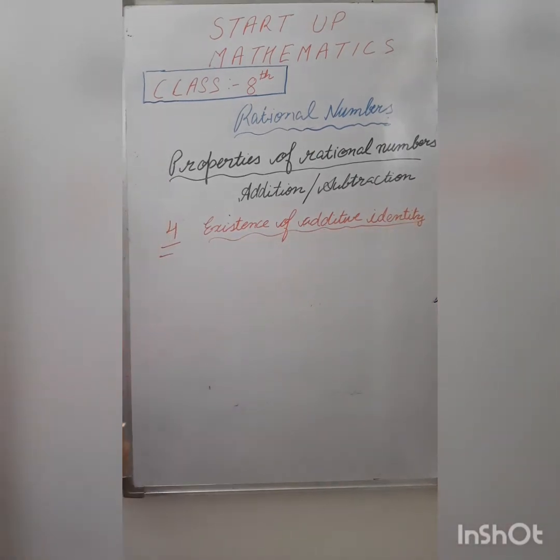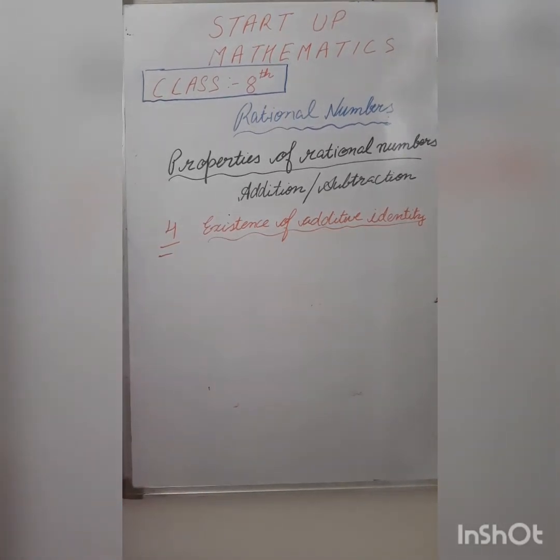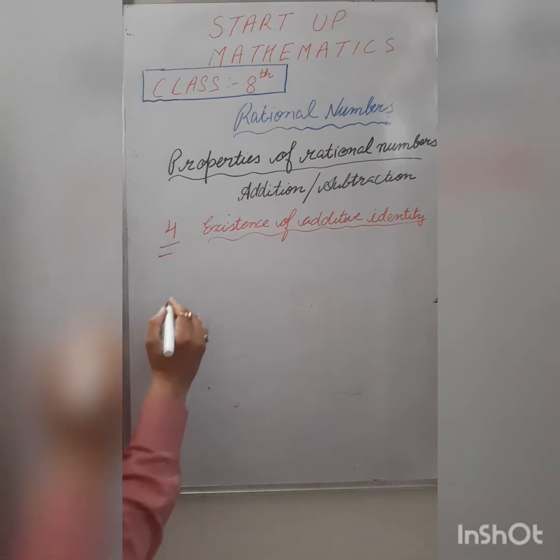Additive identity, right? Existence of the additive identity. In this property, what is the meaning of additive identity? Let's suppose I have one rational number.